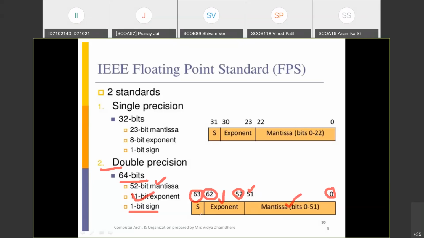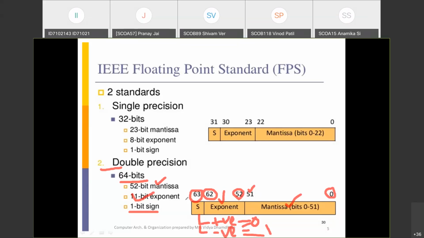In the sign bit representation, there are two cases. If the given number is positive, then the sign bit value is set as 0, and whenever the given decimal number is negative, then the sign bit will be set as 1.